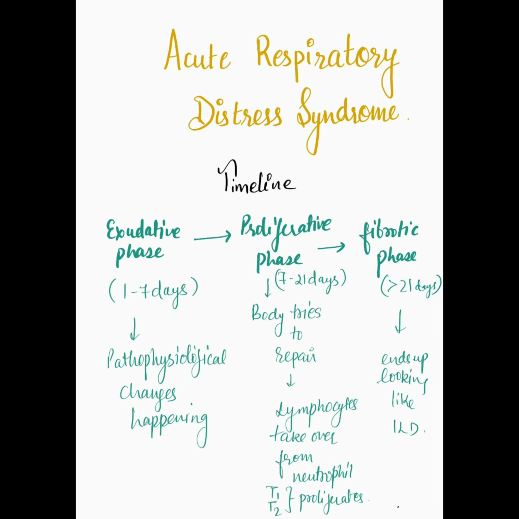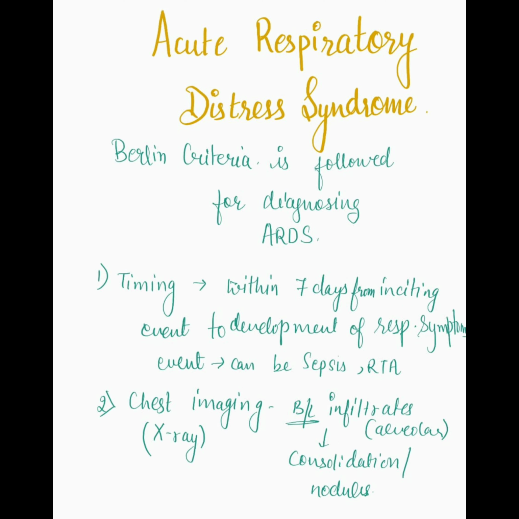After 7 days, there is the proliferative phase, in which the body tries to repair. So lymphocytes take over from the neutrophils. So there will be proliferation of type 1 and type 2 pneumocytes. After 21 days, there will be the fibrotic phase of the lung, which will require supplemental oxygen for the rest of their life, and it results in pulmonary artery hypertension as well.